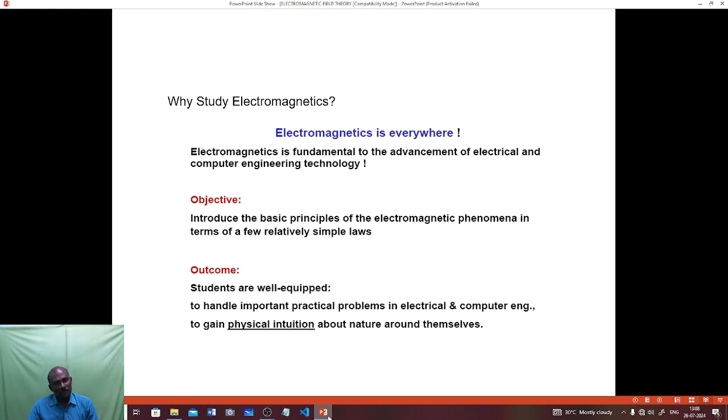Charge is the infinitesimal particle of the whole universe. Electromagnetics is fundamental to the advancement of electrical and computer engineering technology. The field produced by charge is the electric field, and the field produced by moving charge is the magnetic field.